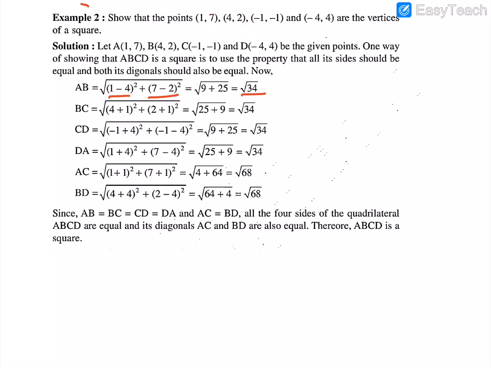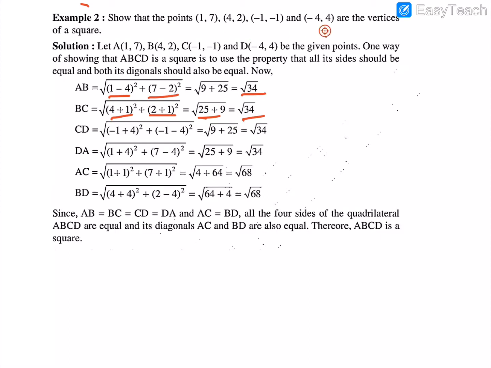Similarly between these two points, 4 minus of minus 1, 4 plus 1 whole square, 2 minus of minus 1, 2 plus 1 whole square, 25 plus 9, 34. Now between the next two points, C and D: minus 1 minus of minus 4 becomes plus 5 plus 4, minus 1 plus 4 whole square, minus 1 minus 4 whole square. It is root 34 again.